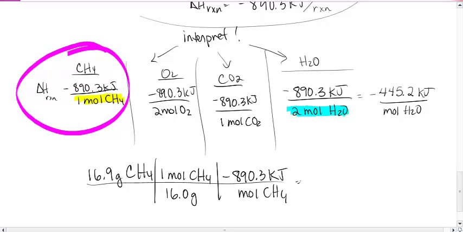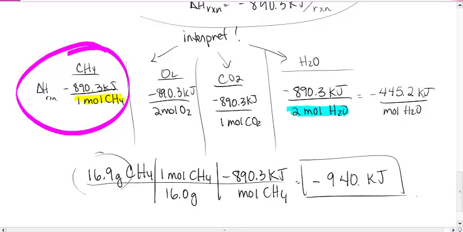Now I can throw that into my calculator, and I get negative 940, 3 sig figs, kilojoules, the energy being given off when 16.9 grams of methane burn.